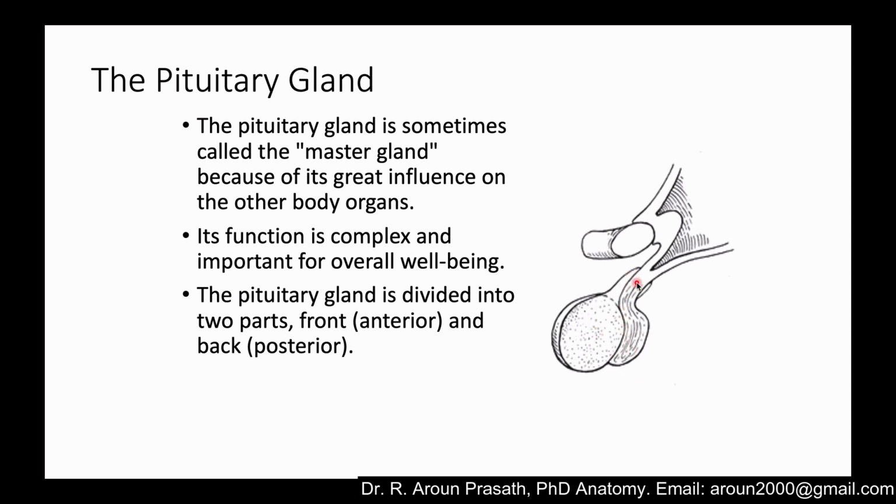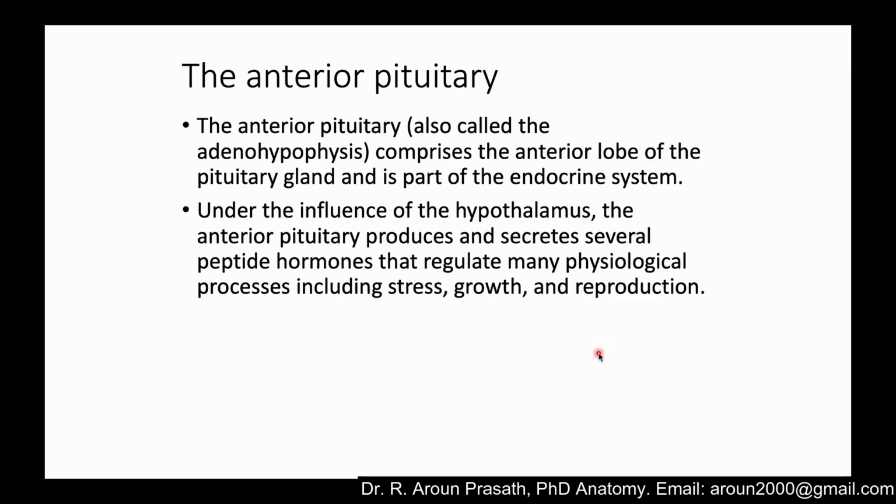The ridge in the center is called the intermediate pituitary. In Latin it is called pars anterior, pars intermedia and pars posterior. The pars anterior is also called adenohypophysis, and the pars posterior is also called neurohypophysis.